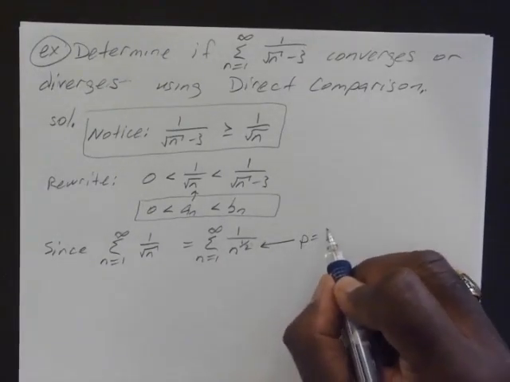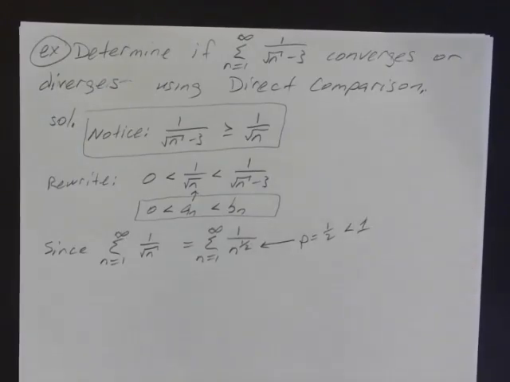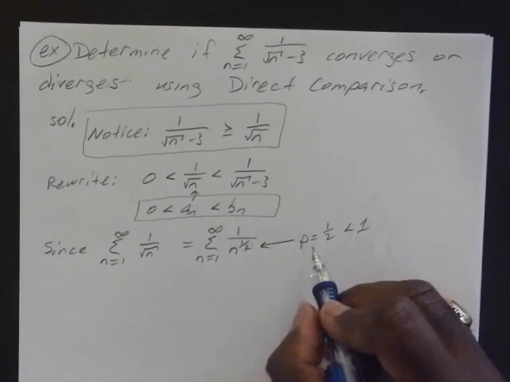Our p is equal to 1/2, which is less than 1. When p is less than 1, it diverges.